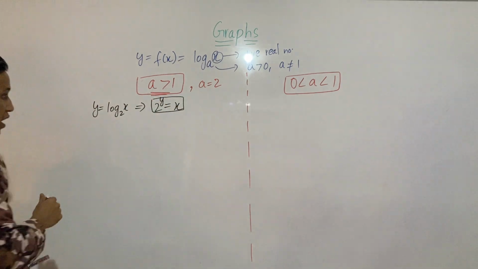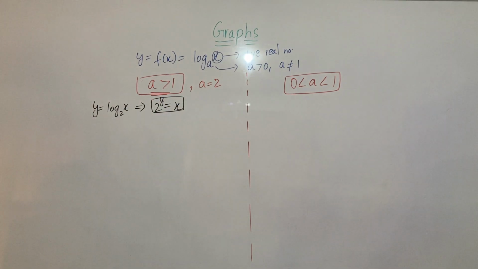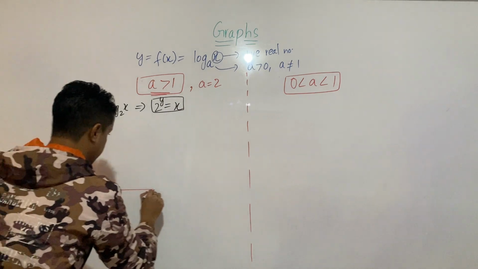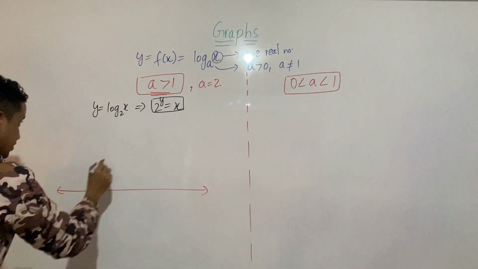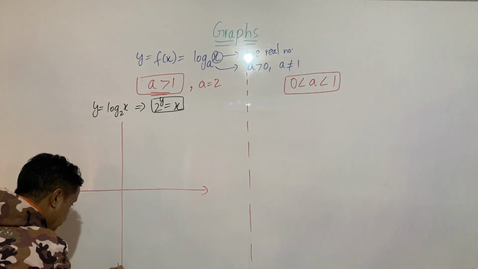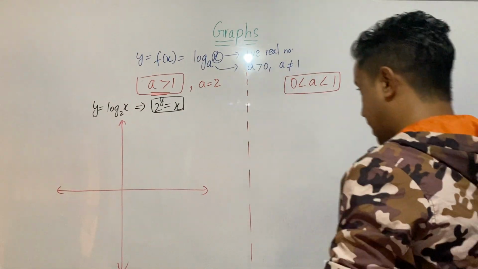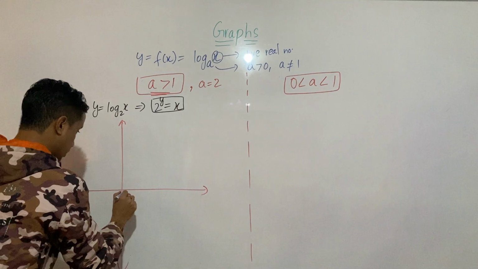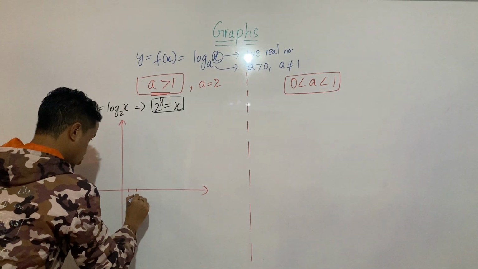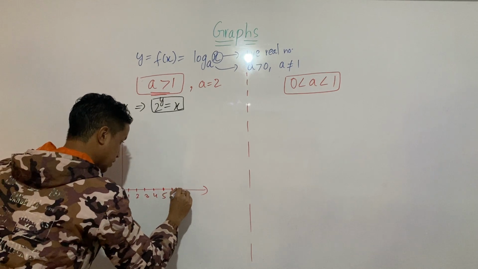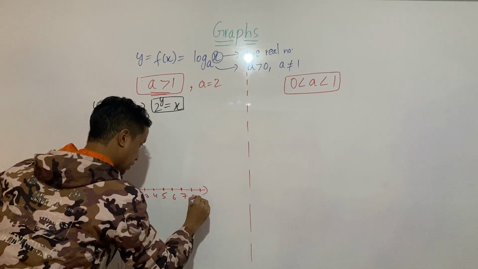Okay, now what I will do here is draw the ordinate table. For that I need the xy plane first, right? So this is going to be my xy plane, and here 1, 2, 3, 4, 5, 6, 7, 8, 9.